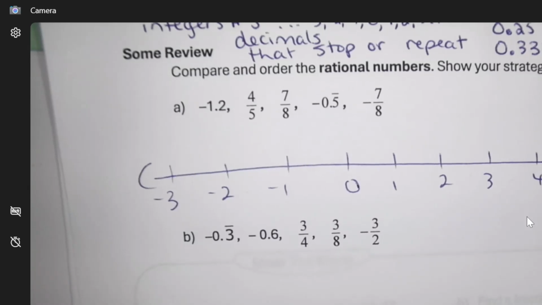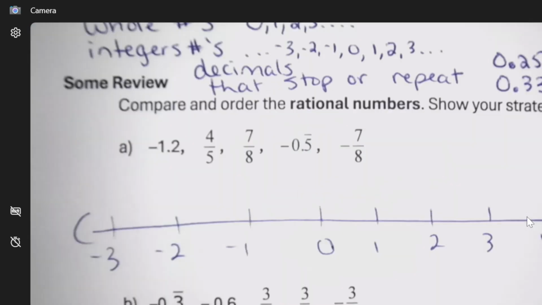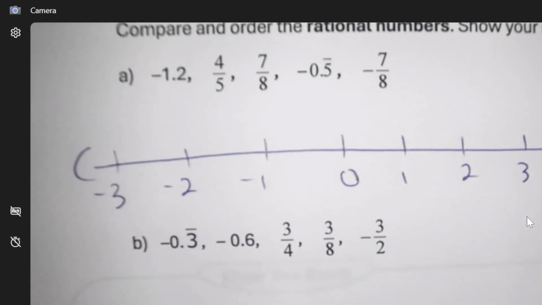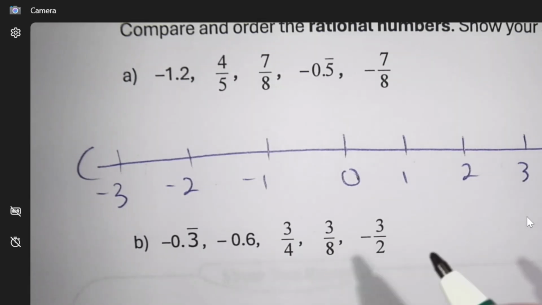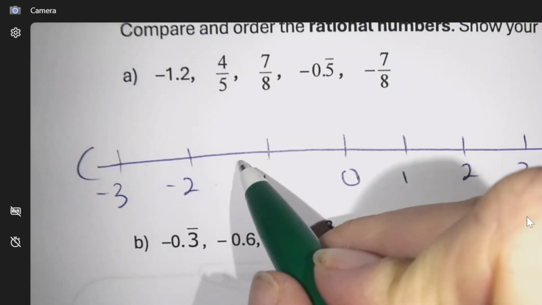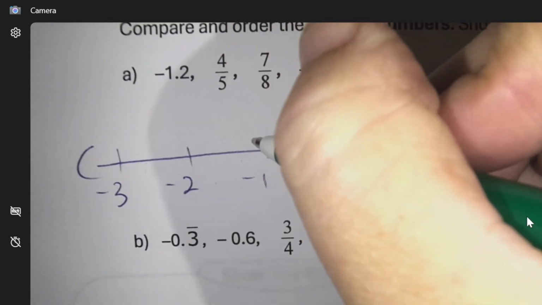Okay, negative 1.2. Where would I put that on the number line? So it's below negative 1, so it has to be on the left side of it.